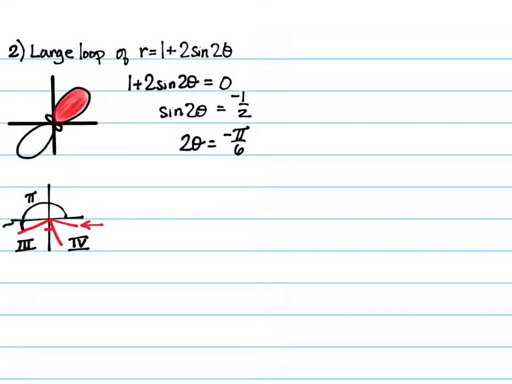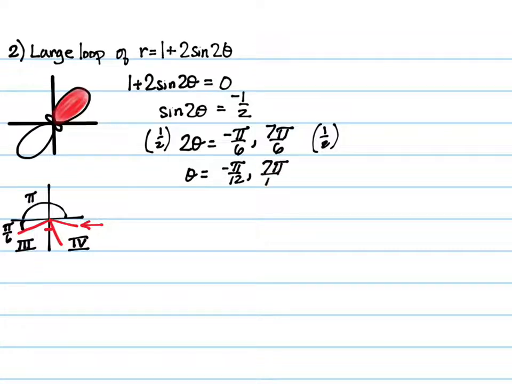So this is pi and then pi sixth. So that would be 7 pi over 6. And then, just like we did on the last one, we need to get theta by itself, so we'll multiply by 1/2. So my theta value actually needs to go from negative pi over 12 to 7 pi over 12.